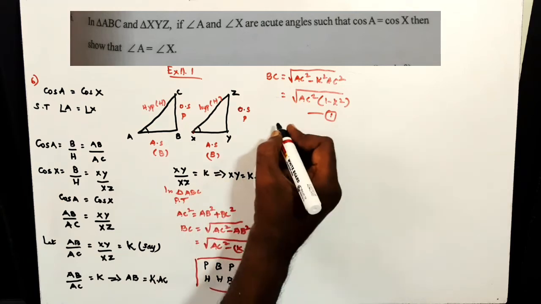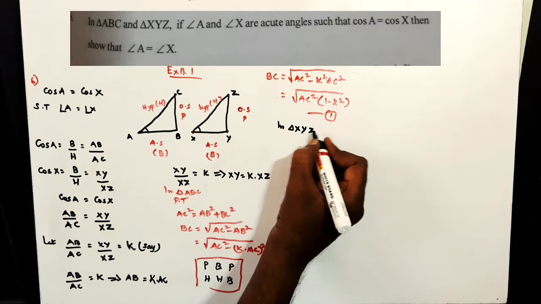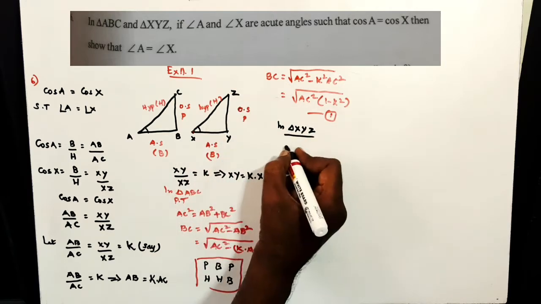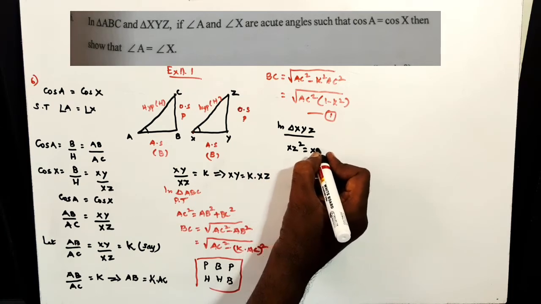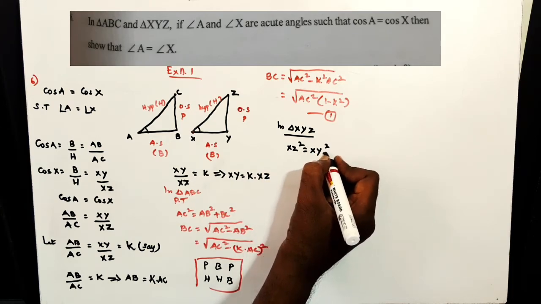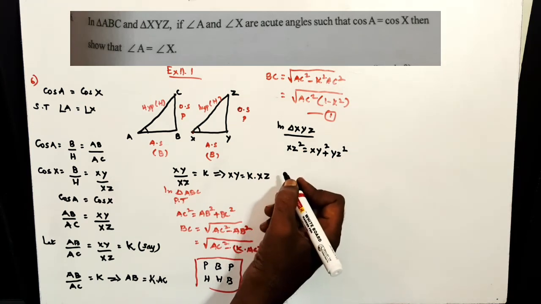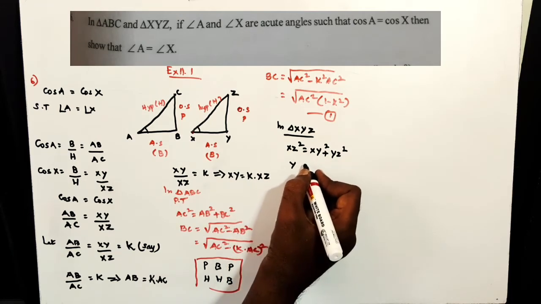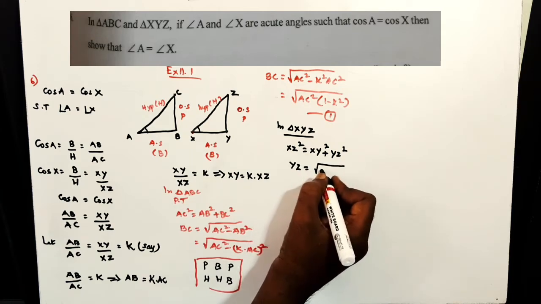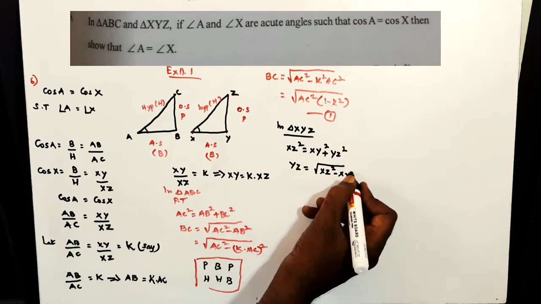Now in triangle XYZ, the same Pythagoras theorem: XZ square is equal to XY square plus YZ square. Here we make YZ the subject, which is equal to under root XZ square minus XY square.